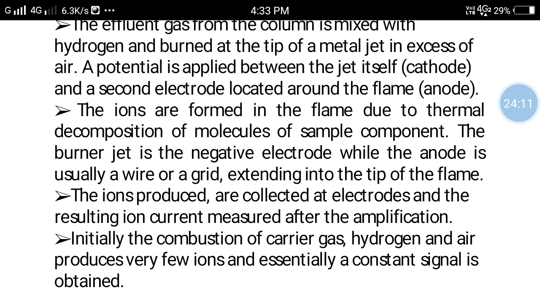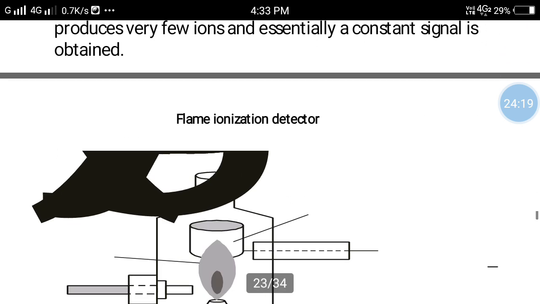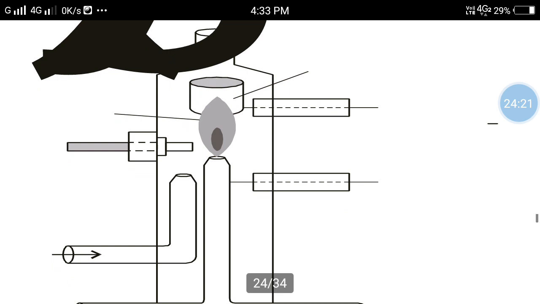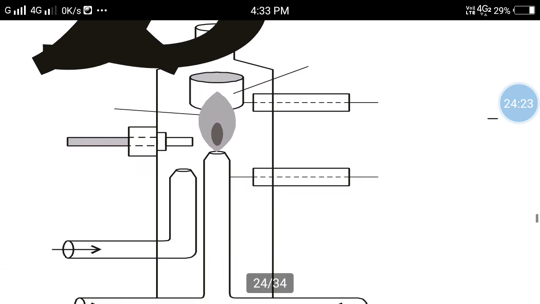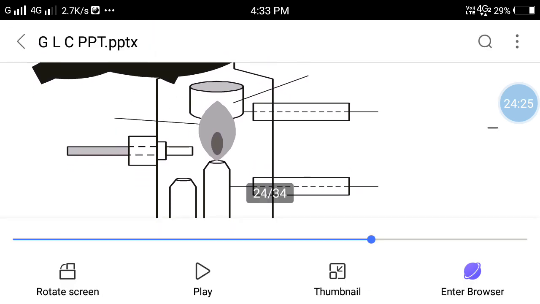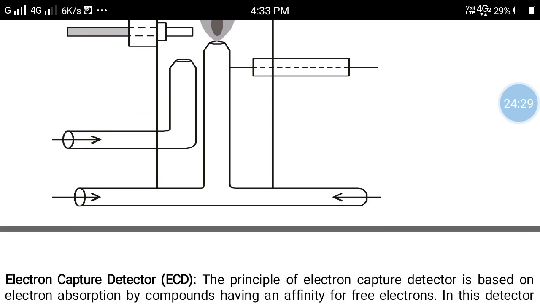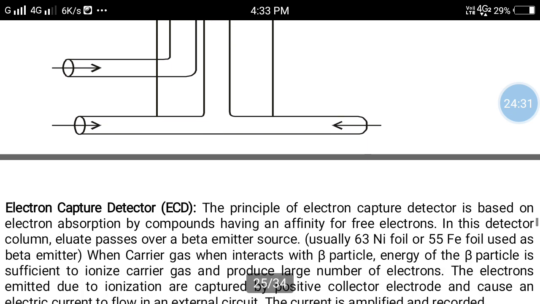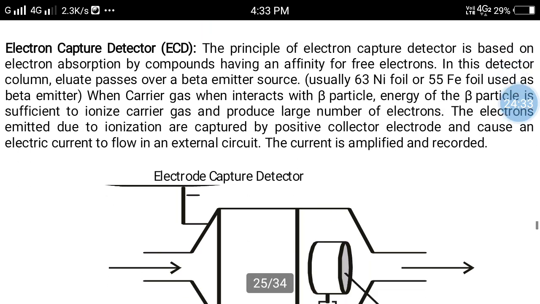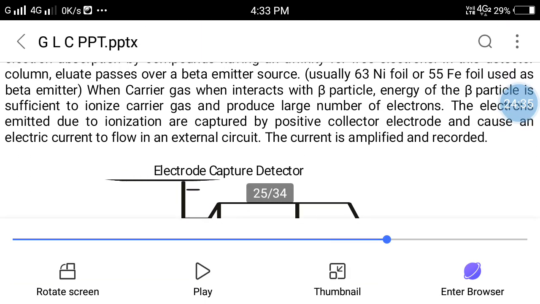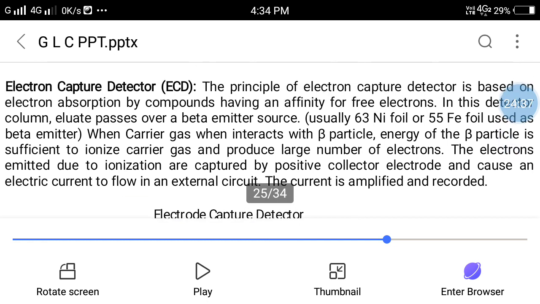Initially, the combustion of the carrier gas, hydrogen and air produces very few ions and essentially a constant signal is obtained. This is the figure of the flame ionization detector. Here the flame is inside, and this is the sample inlet side, which passes directly onto the flame.